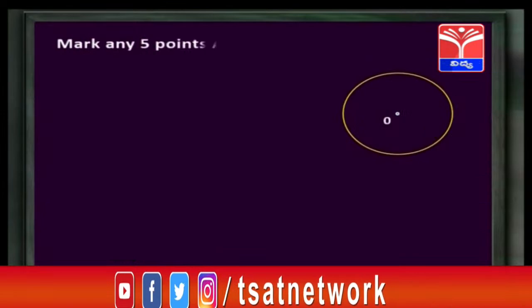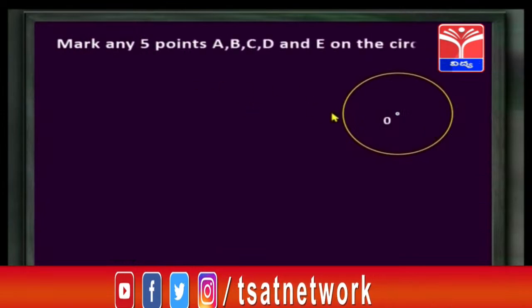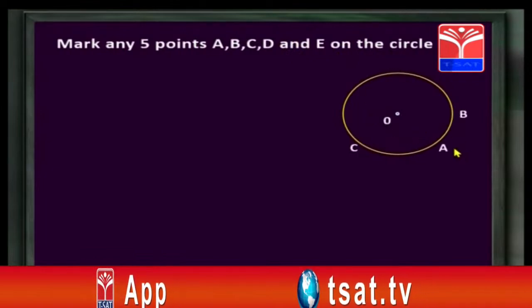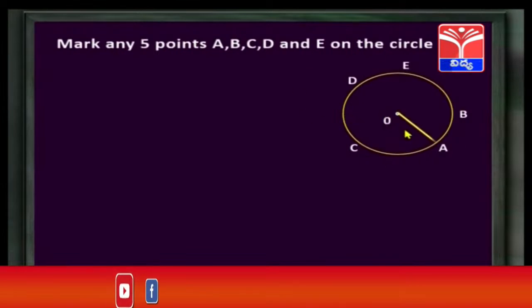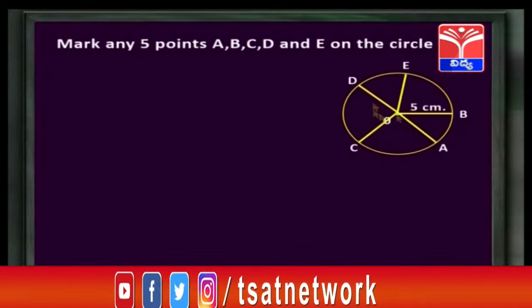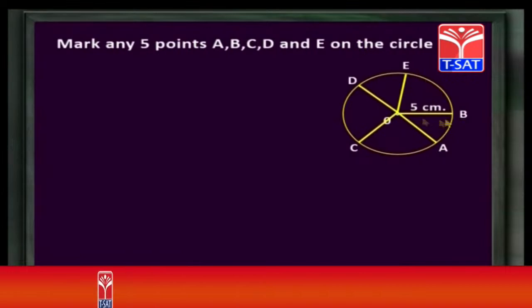Now, students, make any 5 points A, B, C, D, E on the circle. So, this is the circle, and the points are A, B, C, D, E. Join these points to O: OA, OB, OC, OD and OE. If you observe this, the length of every line is 5 centimeters.